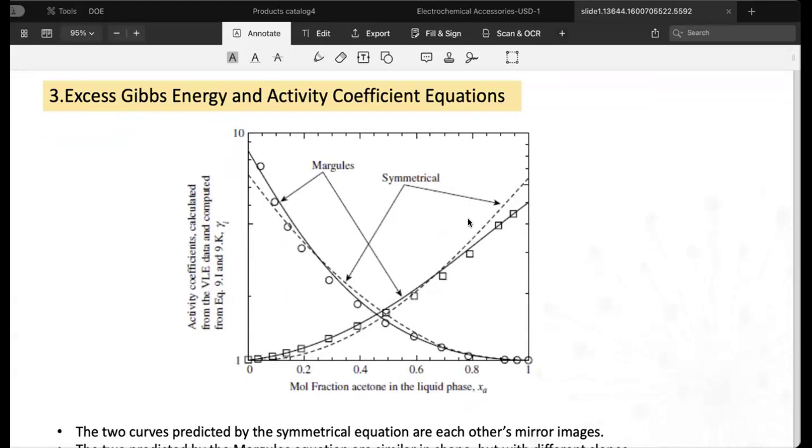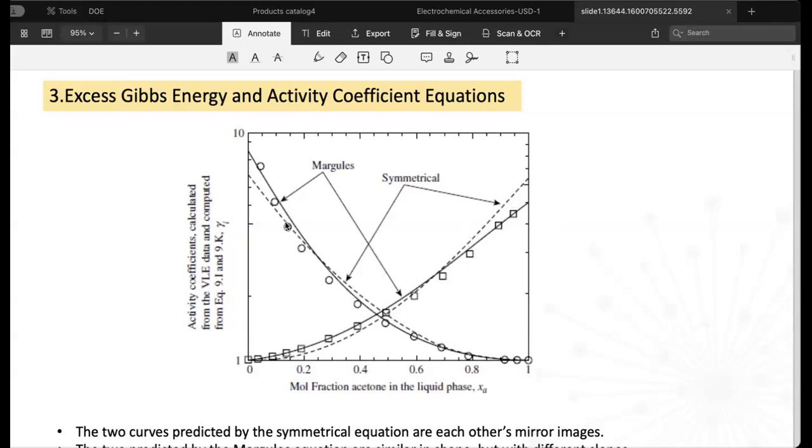What do you think about Margules and symmetrical? Of course, both capture the whole behavior of gamma A and gamma B. But the main difference is, for the symmetrical model, the error, the deviation, is distributed over the whole range, right?